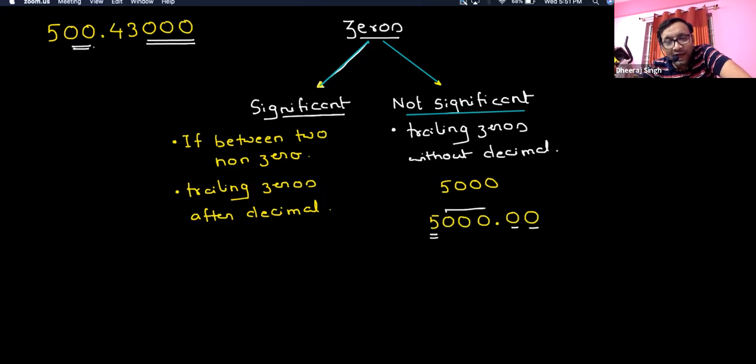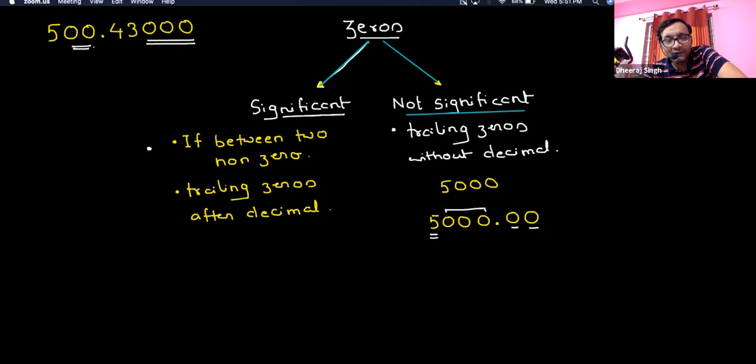These three zeros are not between two non-zeros. One side is 5, the other side is 0. So the first rule doesn't apply here. Only 5 is significant, and after the decimal 2 zeros are significant. Understood? Trailing zeros after decimal.